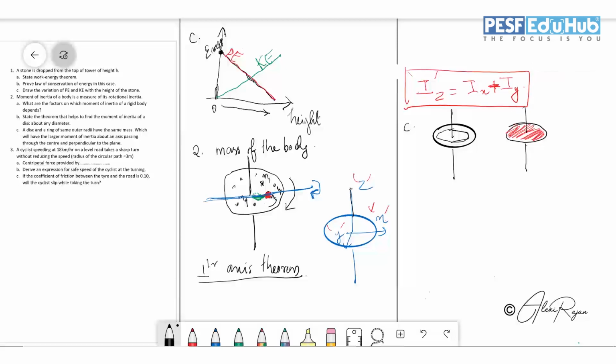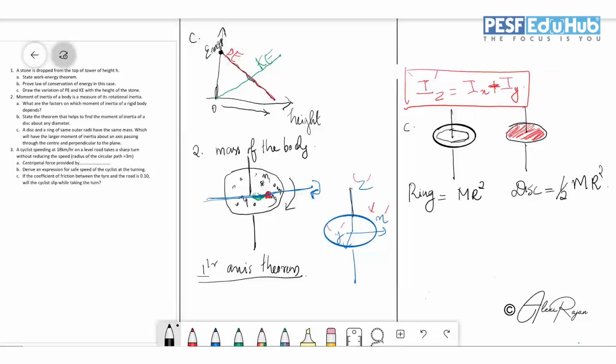In the case of a ring, the moment of inertia is given by m r square, the mass of the ring into r square. In the case of a disk, you will get the moment of inertia along this particular axis, the axis which is given in the figure, that means perpendicular to the plane and moving through the center, so half m r square.